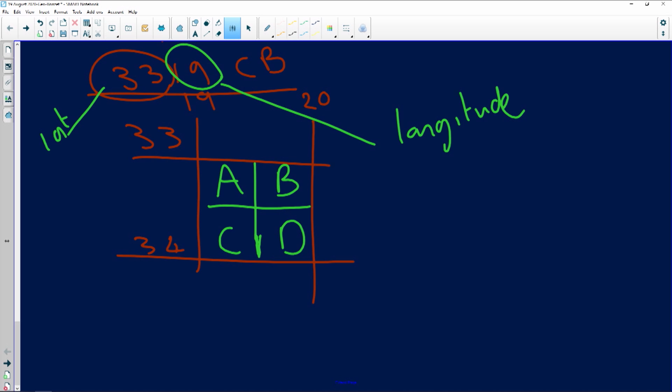We take our big block C and we divide it into 4 small blocks, A, B, C, D. So where do we find Worcester? 33 degrees, 19 CB, big block C, small block B. Okay, so that's the map reference for Worcester.